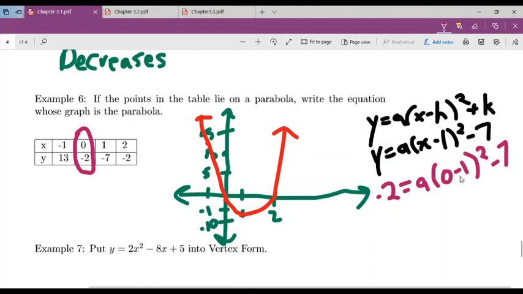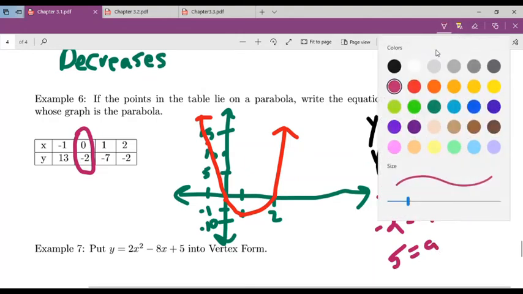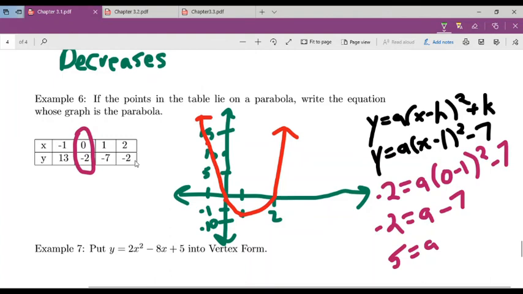Alright, so 0 minus 1 squared is going to be a -1 squared, which is a +1. So I get -2 equals essentially just an a minus 7. Okay. I add 7 to the other side, I get that a is 5.